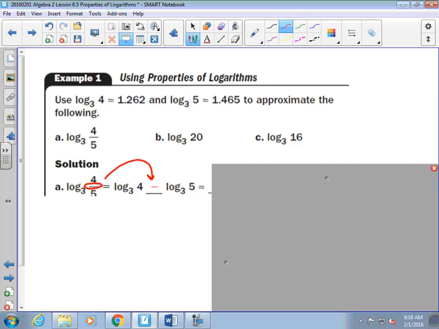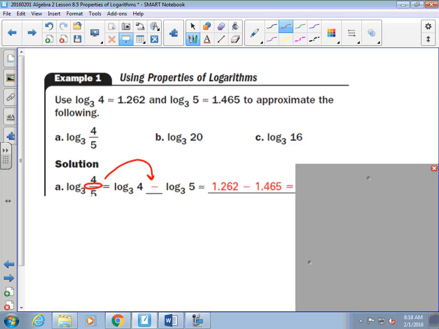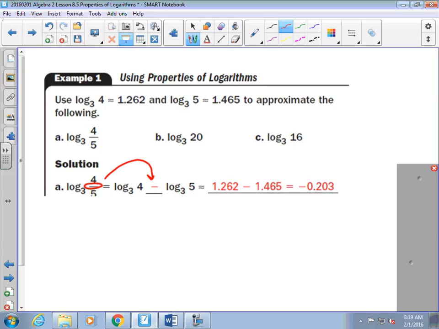The instructions tell us that they're approximately 1.262 and 1.465. That's where those numbers come from: log base 3 of 4 and log base 3 of 5. And then when you subtract those numbers, even though they're long numbers to subtract, it's a simple calculation. It gives you an approximate value of negative 0.203. If you need to, stack them on top of each other where you can simplify them.